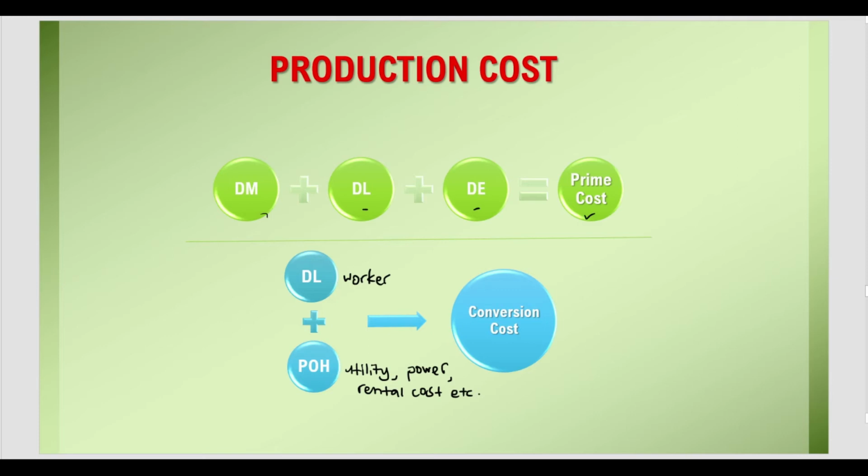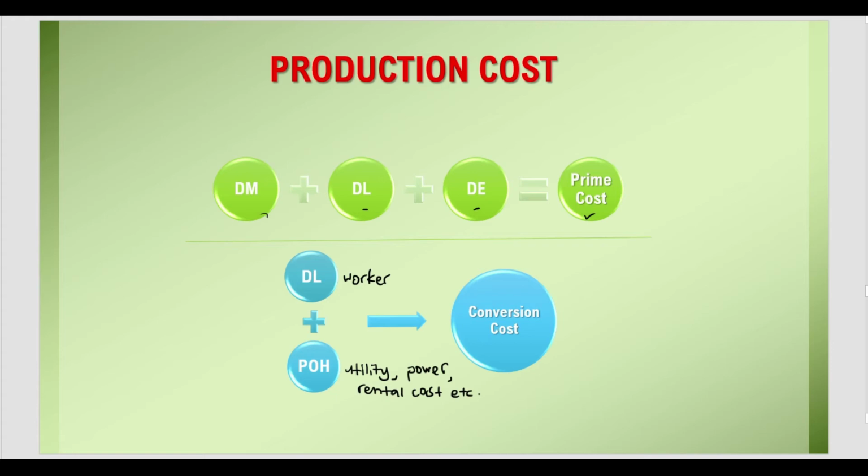What is conversion cost? Conversion cost is the cost needed in order to convert raw material to become finished goods. In order to convert raw material to become finished goods, we need workers to work on the raw material and we need support, for example utility, power, rental, and so on, which is production overhead.